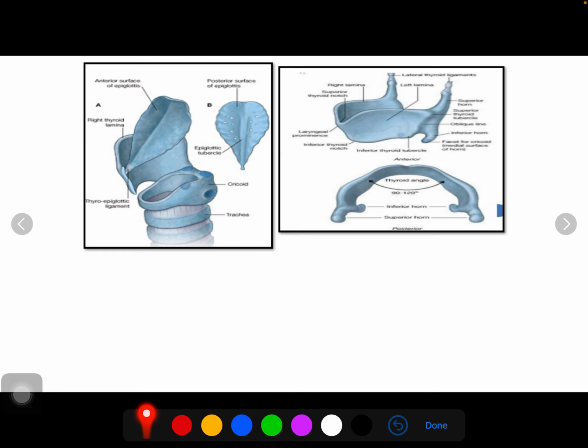Then attachments of muscles and ligaments. The internal surface of the thyroid cartilage is covered with the mucosa of the larynx. In the median plane, the ligaments attached from above downwards are the thyroepiglottic ligament and the paired vestibular and vocal ligaments on the lamina just beyond the angle.